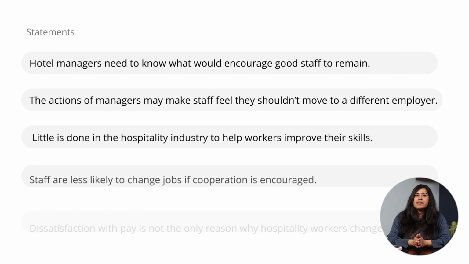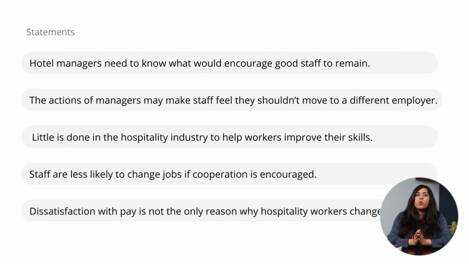Starting with question 27, hotel managers need to know what would encourage good staff to remain. The actions of managers may make staff feel they shouldn't move to different employers. Little is done in the hospitality industry to help workers improve their skills. Staff are less likely to change their jobs if cooperation is encouraged.